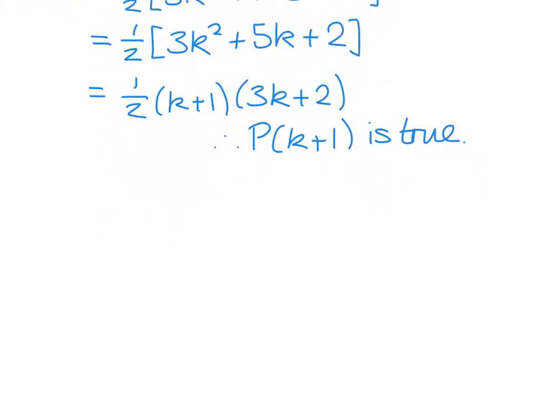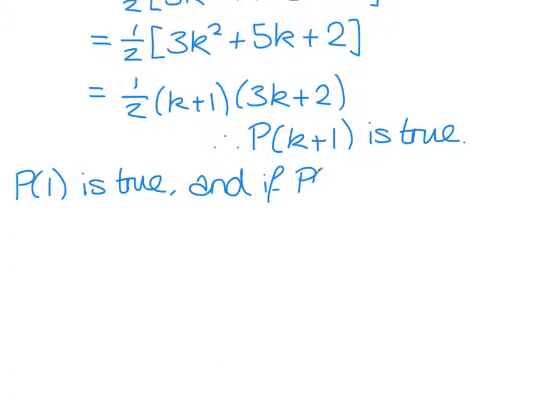So all that is left is to write out our concluding statement. So this is that p1 is true, and if pk is true, then pk plus 1 is true.